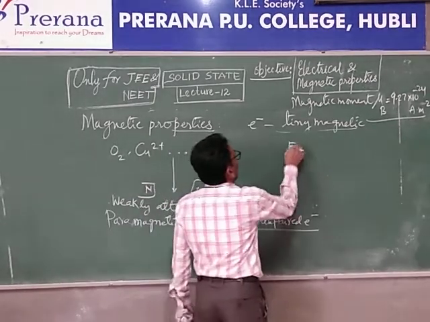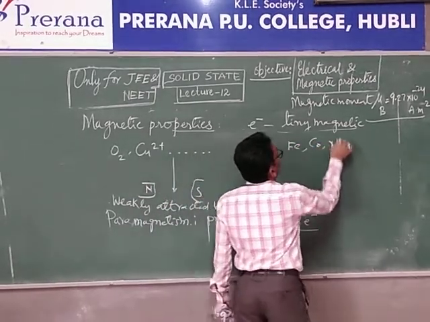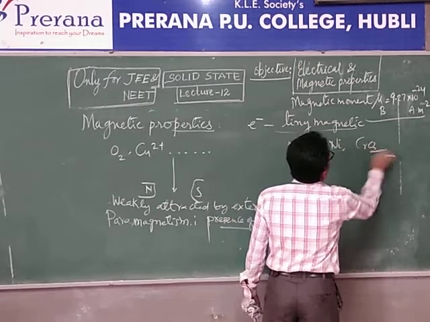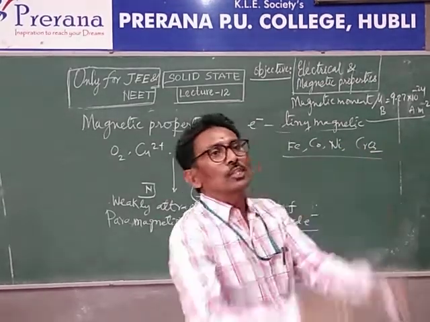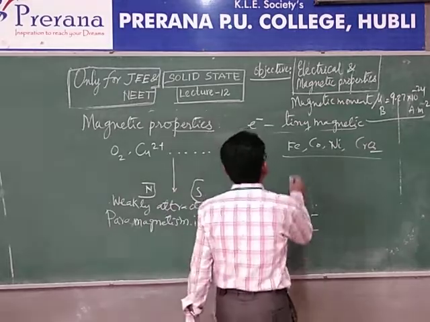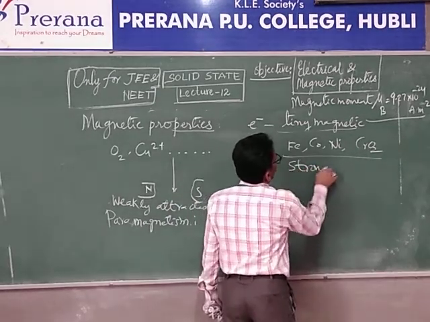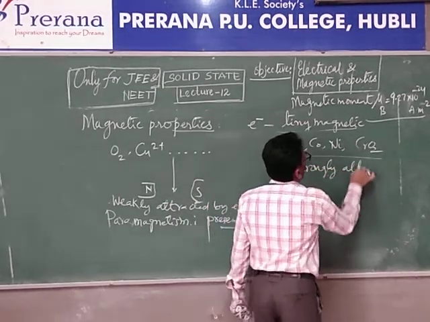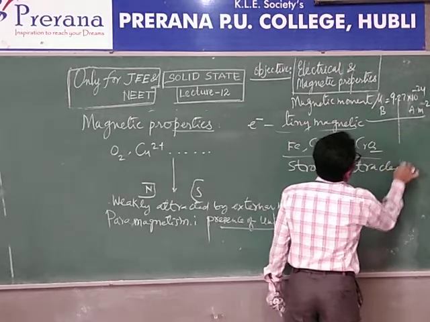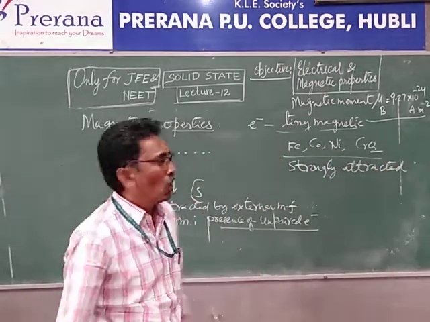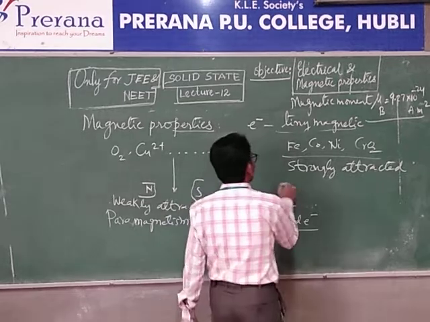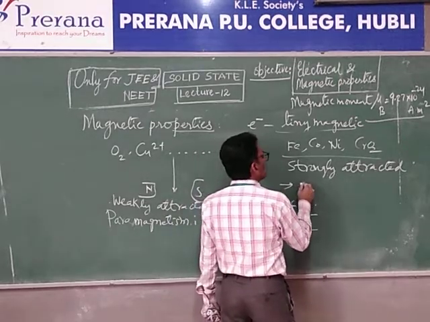If you take iron, cobalt, nickel and chromium dioxide, these materials, if kept in front of an external magnetic field, are strongly attracted. After removing the external magnetic field, what happened?